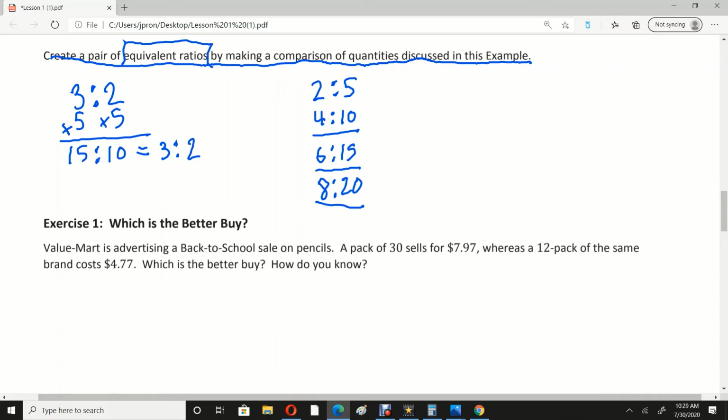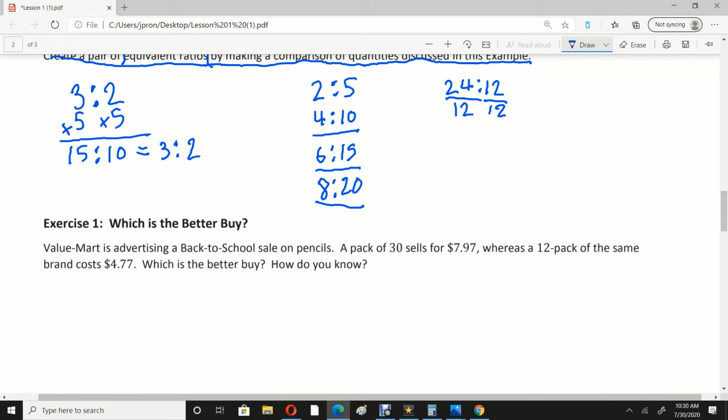All right, so I mentioned this when we did 24 to 12, and let's use that as an example, right? 24 to 12. In this case, we can create an equivalent ratio without multiplying, right? Instead, we can divide. So we can multiply or divide these by any numbers, and as long as we do it by the same number, they stay equivalent, right?